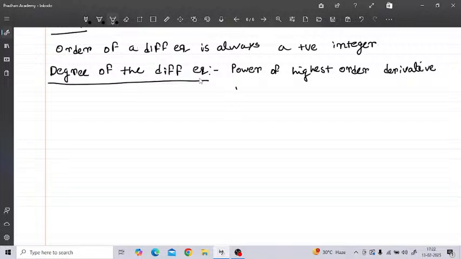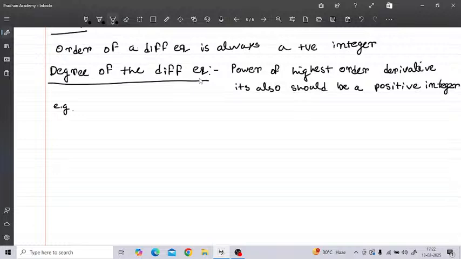And it should also be a positive integer. What does it mean? It means, let's consider some examples.